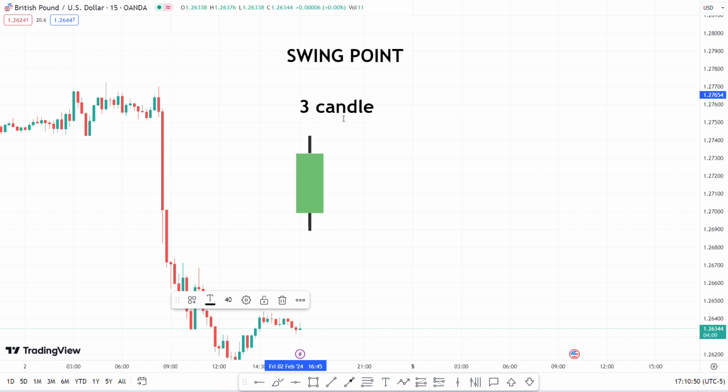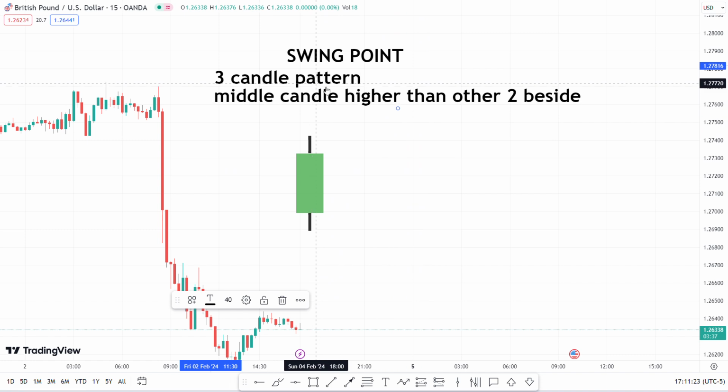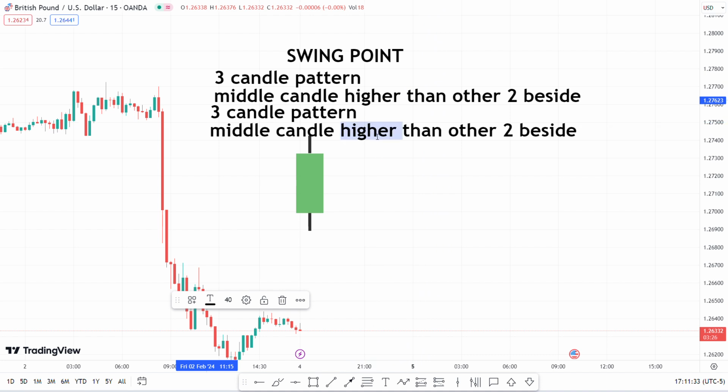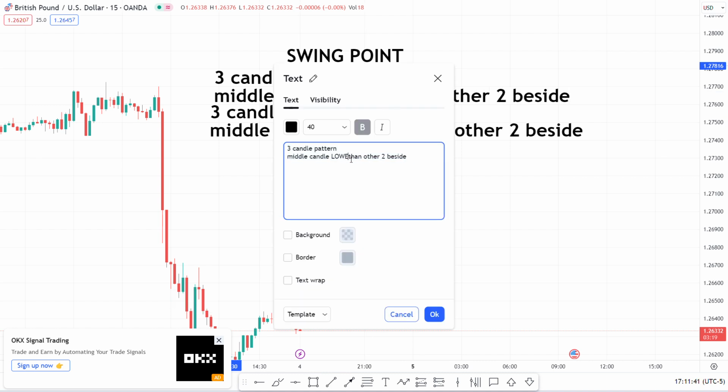So a swing point is a three candle pattern. The middle candle is higher than the other two beside it, or lower.